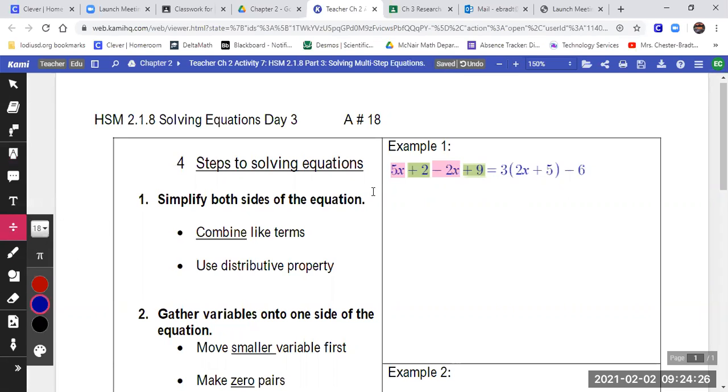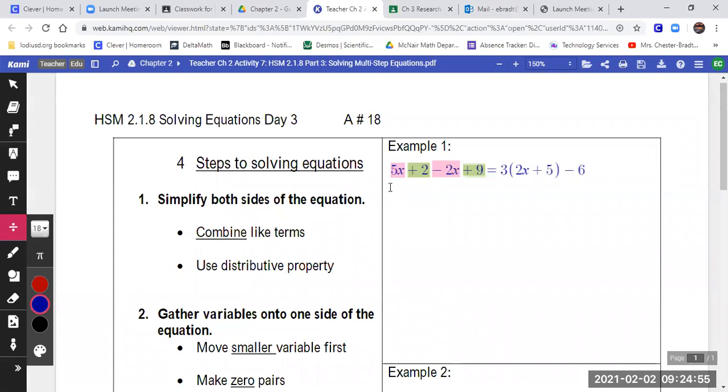So the first thing I need to do is look at the x's. Are those x's the same sign? That says 5x, that says negative 2x. Are those the same sign? No. So if those are not the same sign, then what are we supposed to do when we combine them?